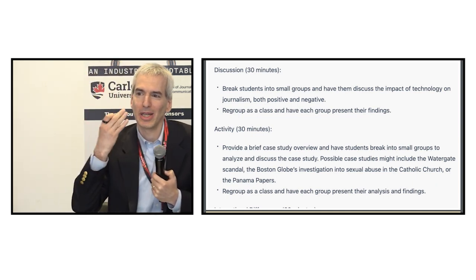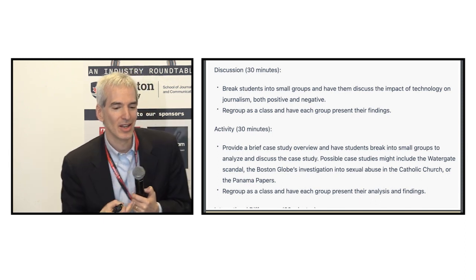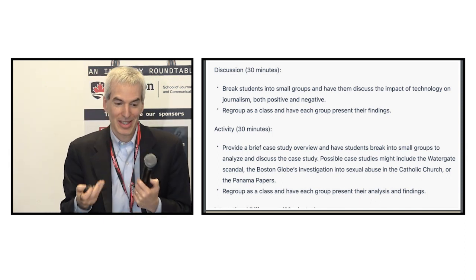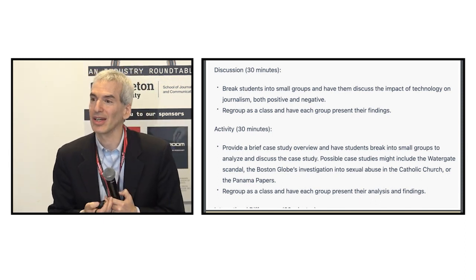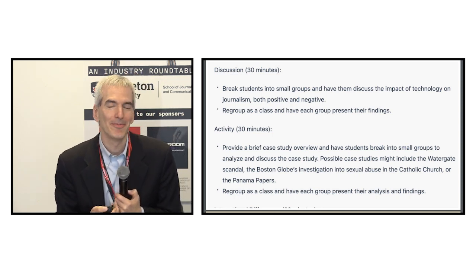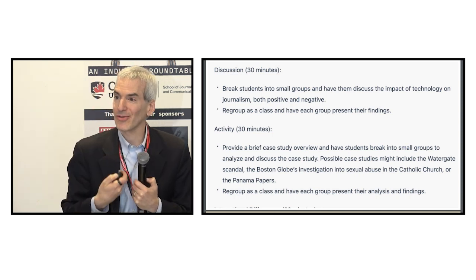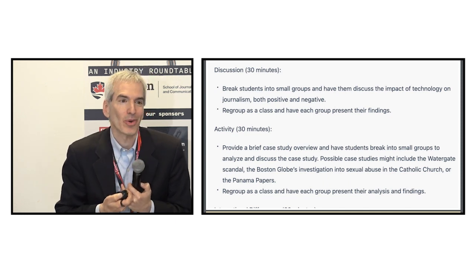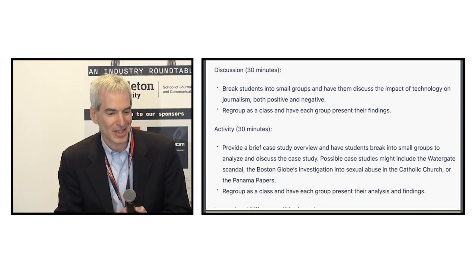That might not have been the case study that came to my mind. So when it suggests that as part of this lesson plan, I think, okay, that's an interesting idea. Give me five more possible case studies historically that might be relevant, right? And I'm not publishing that. That's for me. That's for my preparation to make my lesson more engaging, more useful, more successful, hopefully.